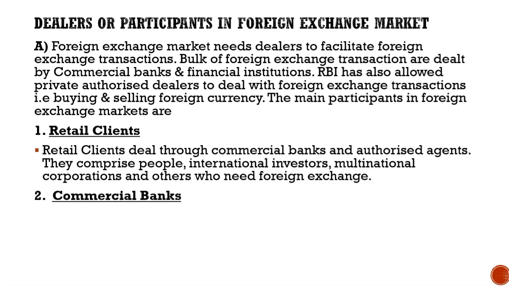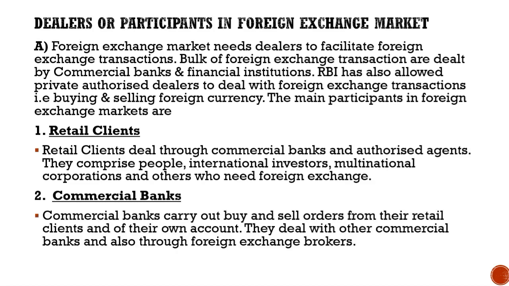Second are the commercial banks. Commercial banks carry out the buying and selling orders from their retail clients and on their own account. They deal with other commercial banks and also through foreign exchange brokers. So first are the retail clients, who take money from the commercial bank. So the commercial bank becomes the second most important participant in the foreign exchange market.